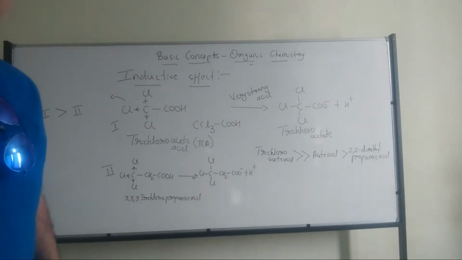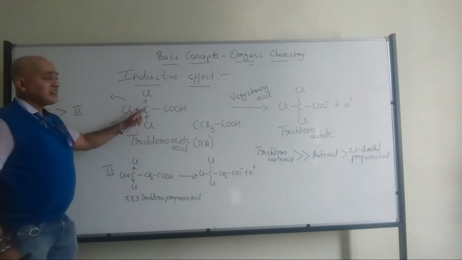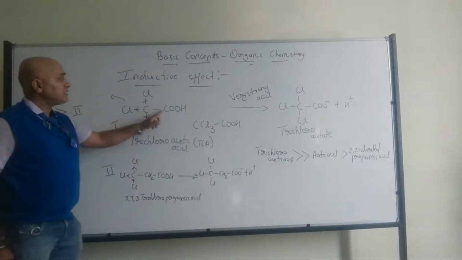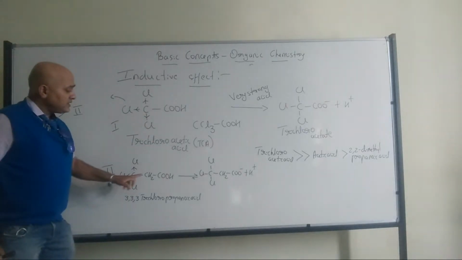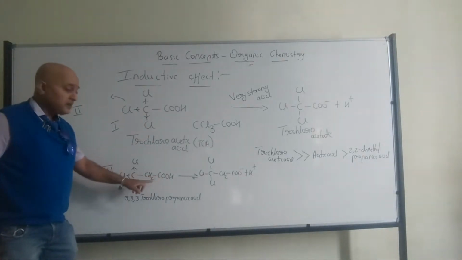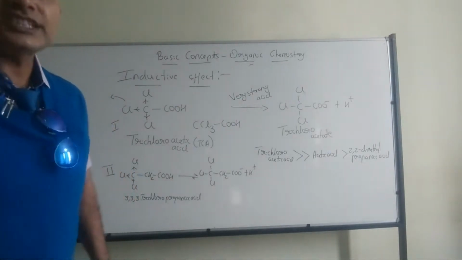The difference here is, in trichloroacetic acid, this carbon is directly attached to the carboxyl carbon. But here, this carbon is attached to the carboxyl carbon with the help of one methylene group, an extra carbon.